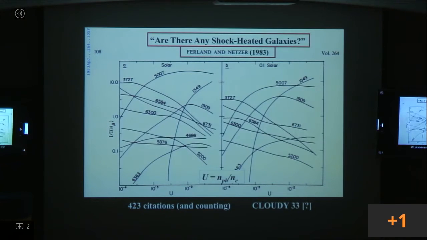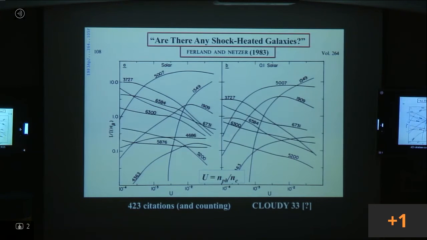This is actually the most highly cited first-author paper by Gary that doesn't have the word Cloudy in the title. It really is a wonderful paper. It really helped me understand the theory behind these line ratios.